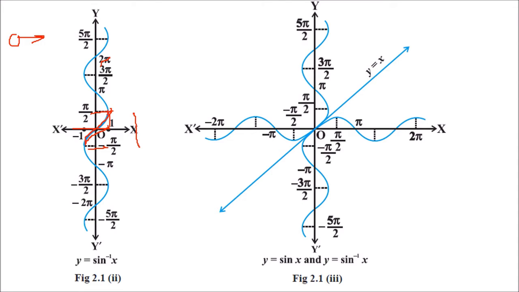Minus 1 to 1 is going to be your domain, and the range is minus pi by 2 to pi by 2. Okay? If you want to see them together, y equal to sine x and y equal to sine inverse x, you see that they are nothing but mirror reflections. That means for this particular range, they are invertible, and they are inverses of one another.